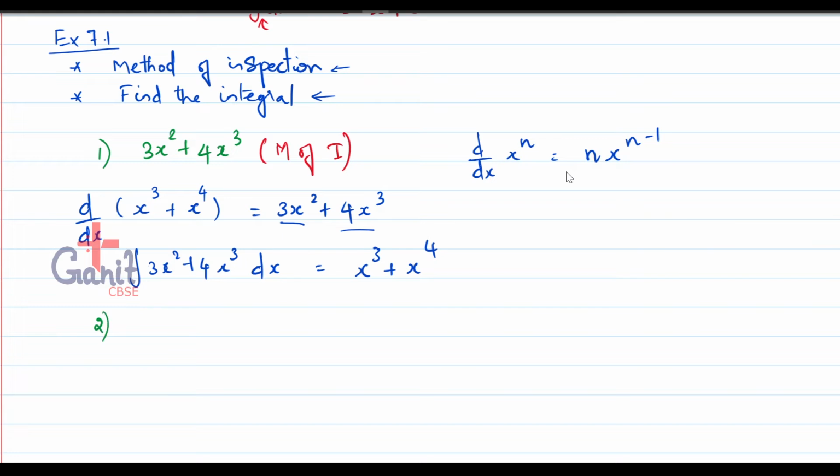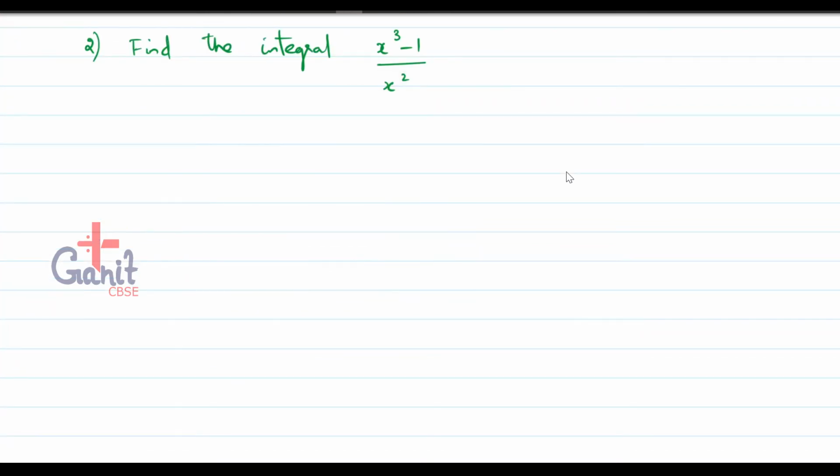Second problem, find the integral of x cube minus 1 divided by x square. So here we are going to apply the formula. Integration of x cube minus 1 divided by x square with respect to x.